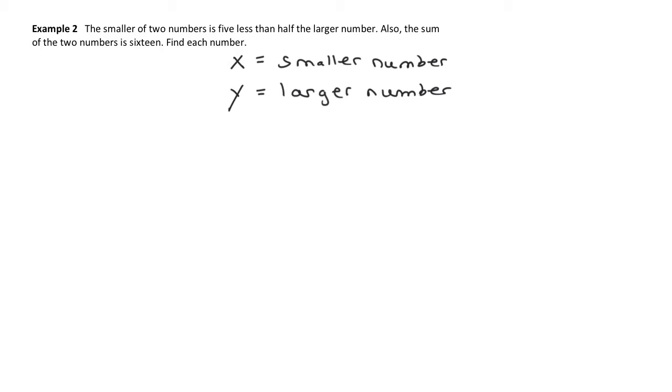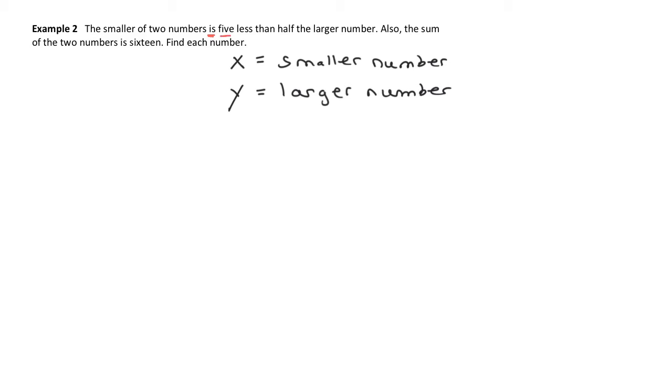If I read the first sentence, the smaller of the two numbers is 5 less than half the larger number. The things that jump out: I have the smaller number, the smaller of two numbers is, so I know I can set up an equation.